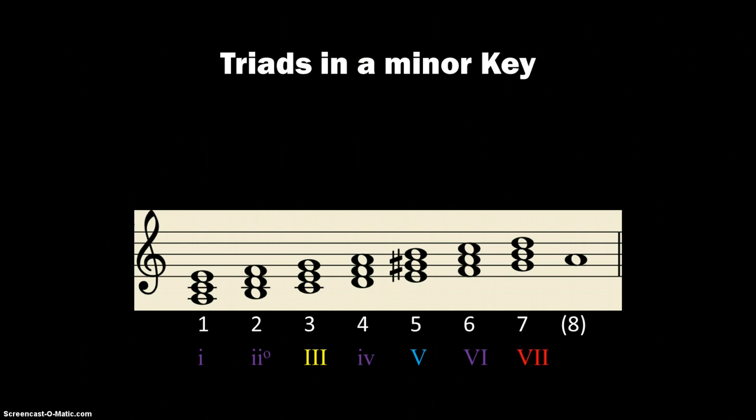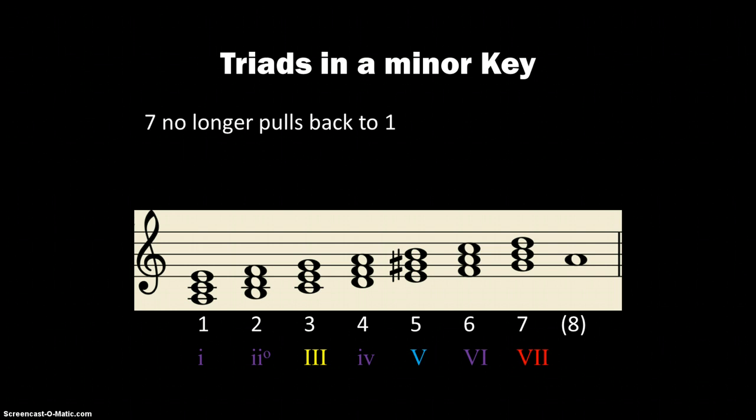Another problem is 7 being major. Well, 7 doesn't really lead back to 1 very well because it's not diminished, and now it's a whole step below our Do, or our 1 chord. So here's 1, 7, 1 in a minor key, no alterations. Kind of the eye of the tiger there, chord change. So we can borrow again from the parallel major, or even use the harmonic minor.